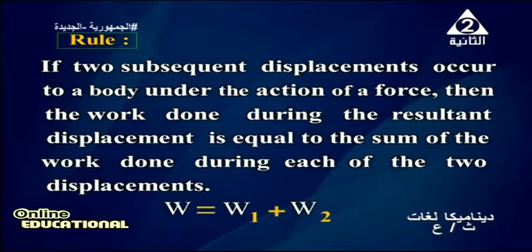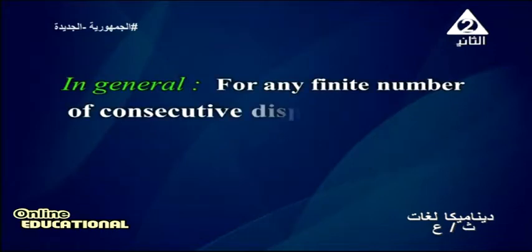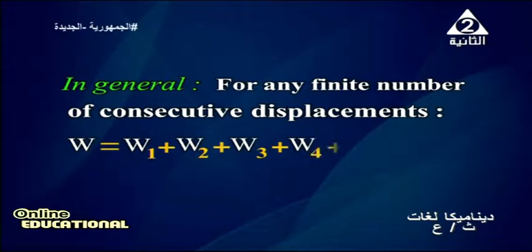Then W equals W1 plus W2. And in general, for any finite number of consecutive displacements, the resultant work W equals W1 plus W2 plus W3 plus dot dot dot till Wn.